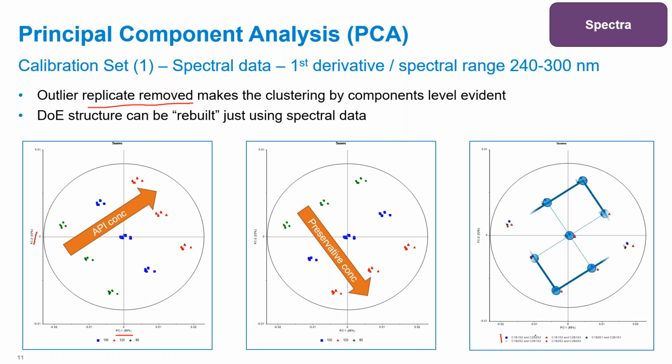But as you see, it's exactly the structure of the design of experiment that we have created initially, with the API on one axis and the preservative on the other axis. So that was really very promising to see that only giving the spectral data to this algorithm, this principal component analysis, we could actually map to the concentration levels.